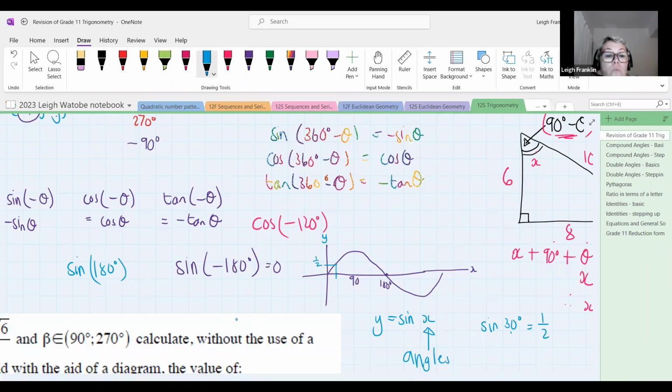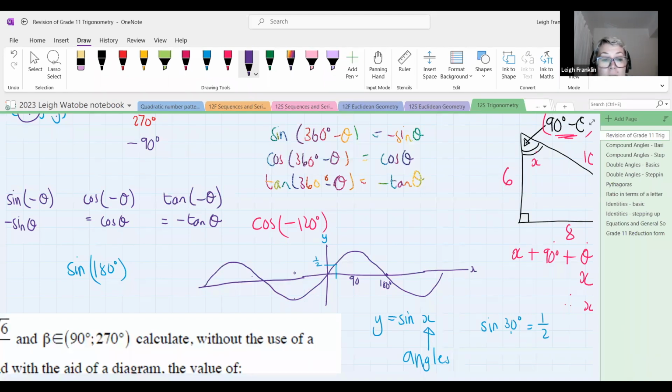What you could do is look at the sine of minus 180 degrees like this. Let's extend our graph backwards. Our pattern continues to repeat itself. So it goes down and then up and then down again.